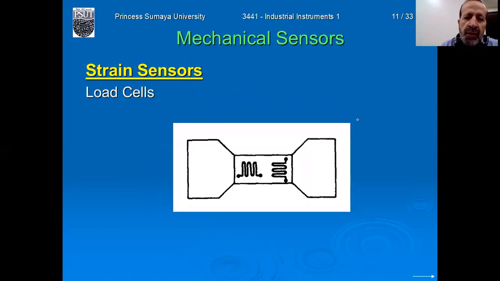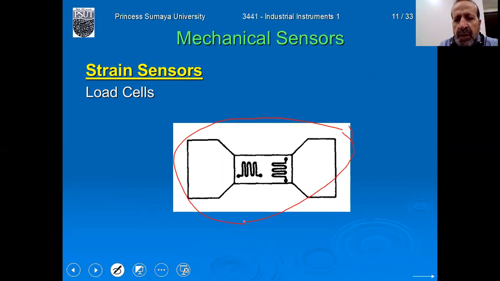Now we have the load cell. What is the load cell? The load cell consists of a beam or a yoke, a metal body, and on the metal body we usually glue some strain gauges.